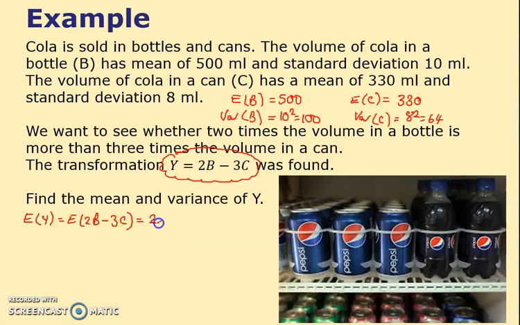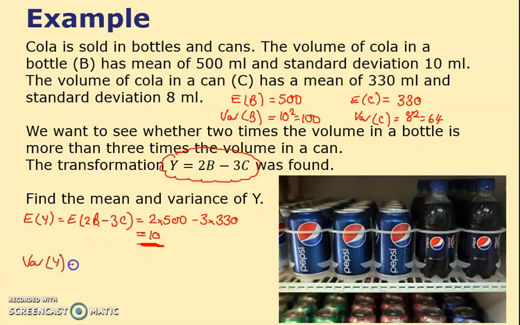So I'm going to do 2 times whatever b was. B was 500. Minus 3 times whatever c was, 330. That's 1000 minus 990, that's 10. So if you have 2 bottles, it should be effectively 10 more than 3 cans.